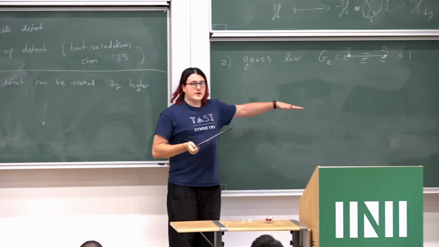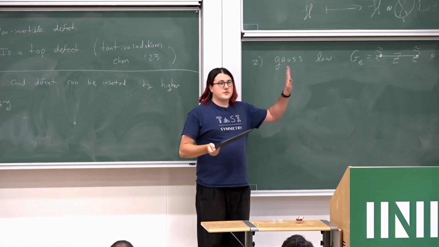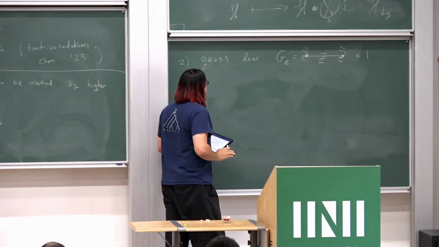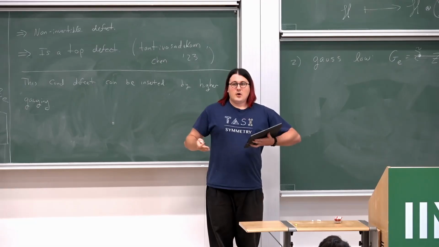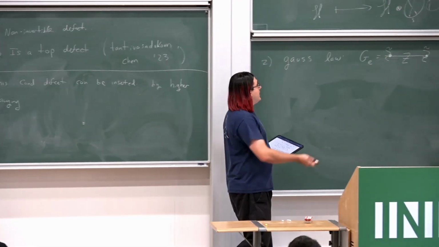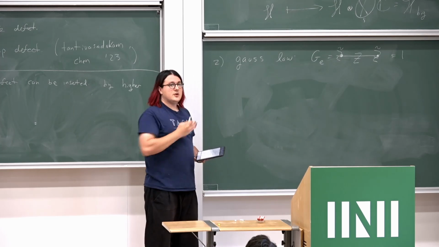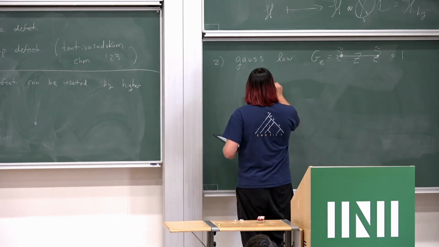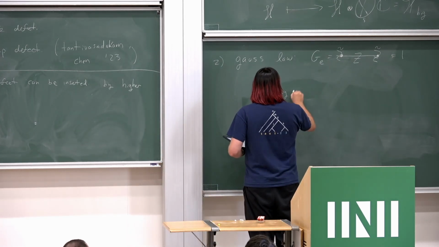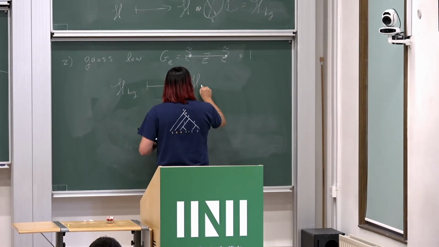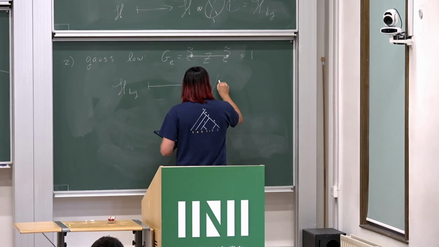So I wrote this for a horizontal edge, but please note this is also true for a vertical edge. So when I introduce the Gauss law, once again, I modify the Hilbert space. I now have H big, and I only consider the states for which G equals 1. So I take H big, and now I replace it with H big modulo all the states where G is equal to 1.